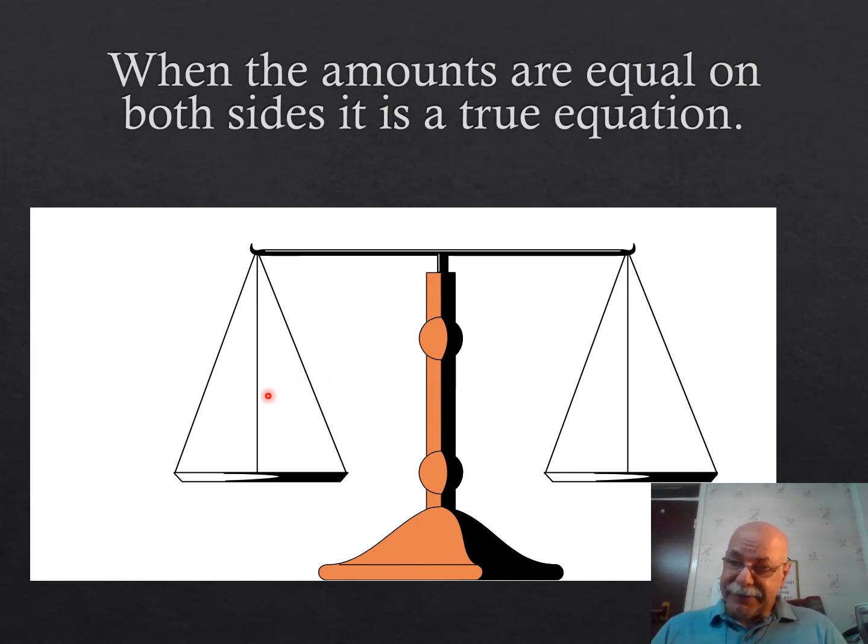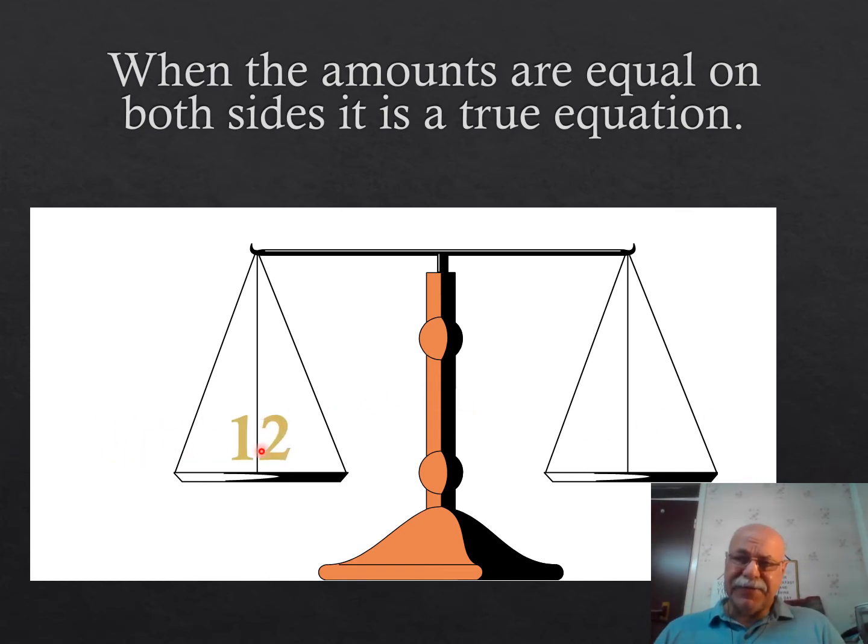When this side equals this side, this is the first type of equation, the true equation. When anybody asks you what a true equation means, it means both sides are the same: the left side equals the right side.